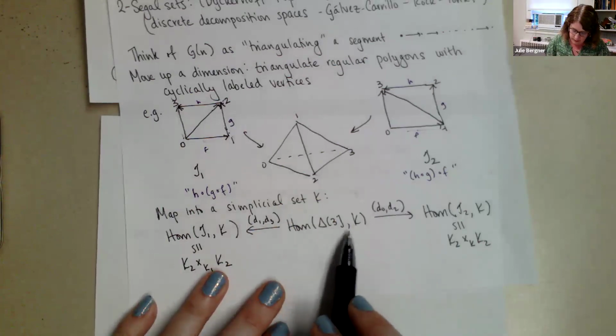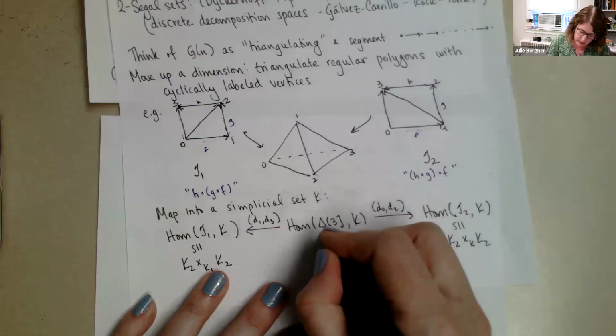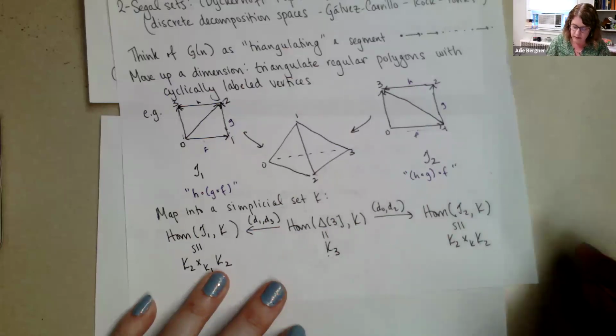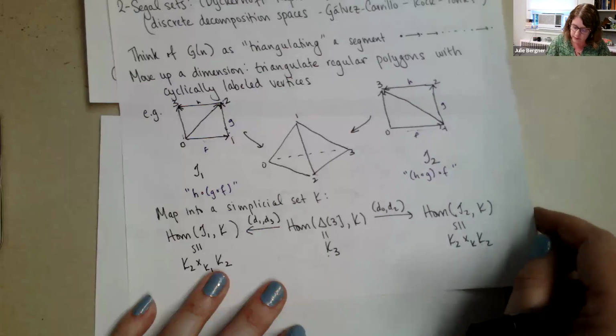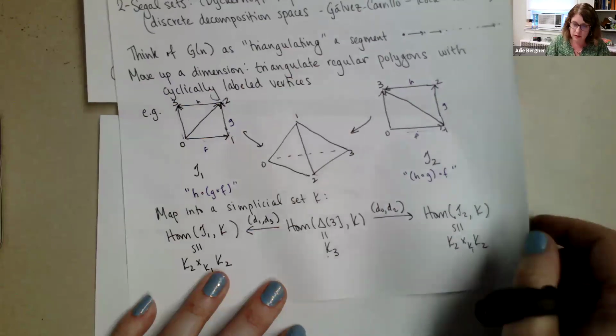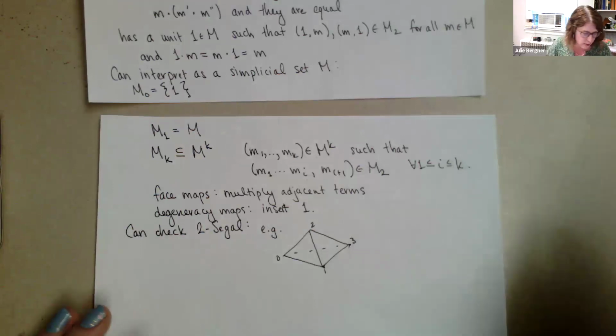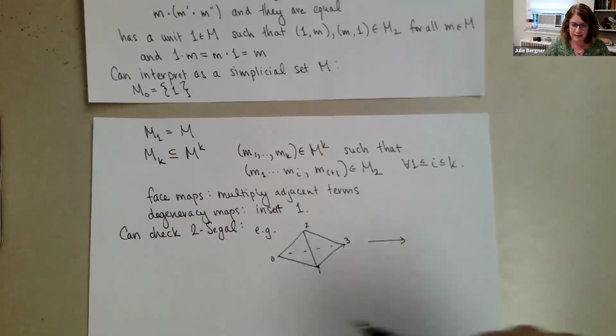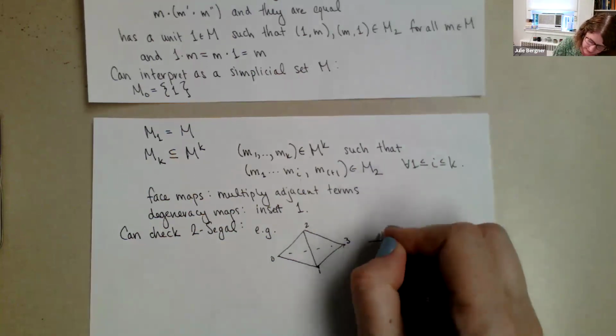So I'm going to input a 3 simplex, right? This is K3, and I'm going to output a pair of 2 simplices that share a common face. Sorry, this should be like in K, but this is how the schematic picture looks.